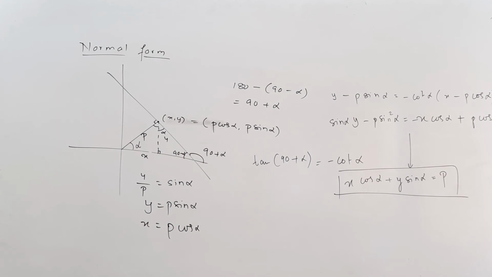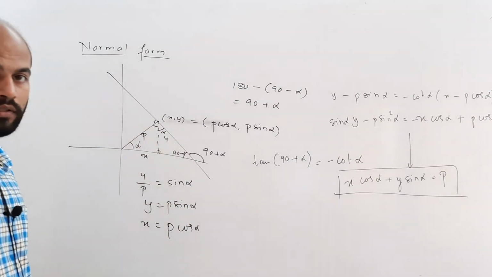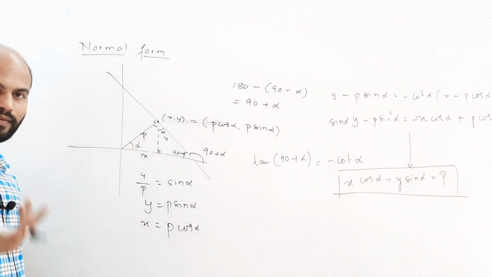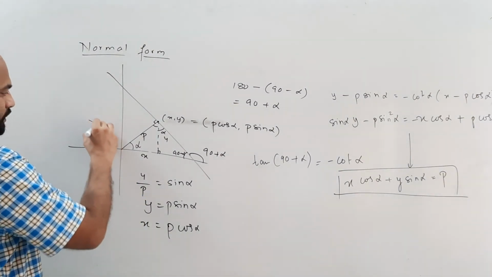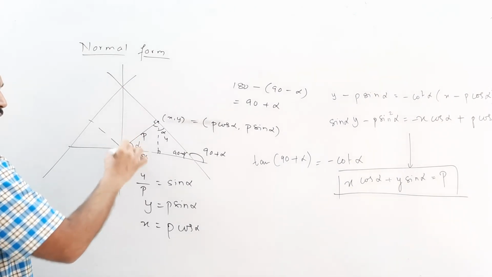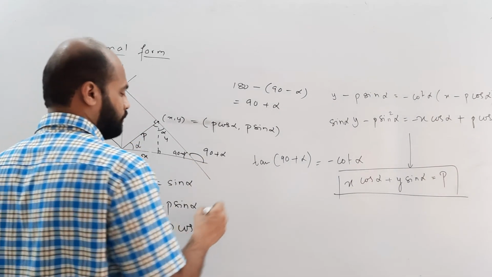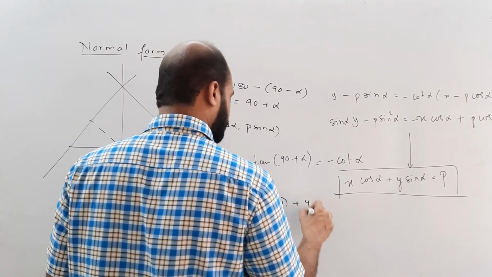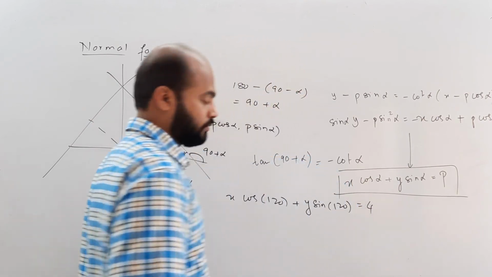Let's take an example. Let's say that this distance p is 4 and the angle alpha this time is given as obtuse, 120 degrees. So let's say that instead of this, now the line is something like this. Obviously this angle is going to be 120 degrees. So x cos 120 degrees plus y sin 120 is equal to 4.